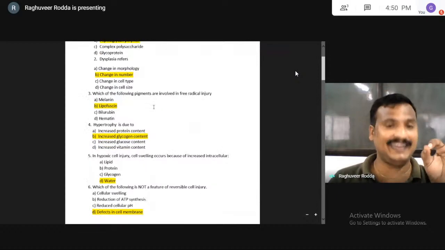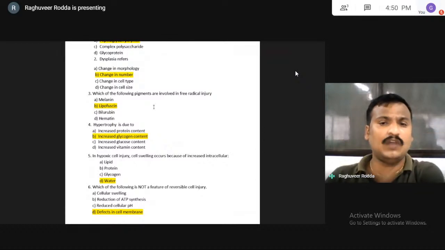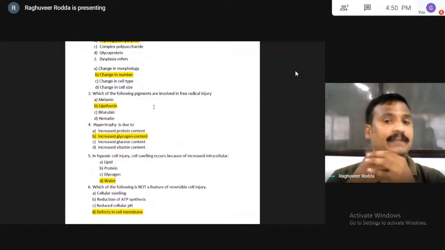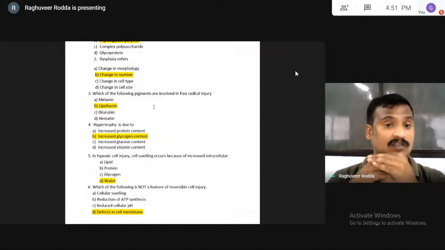Okay, so which of the following pigments are involved in free radical injury? There are certain pigments in the human body that are involved in the damage of the cells also.